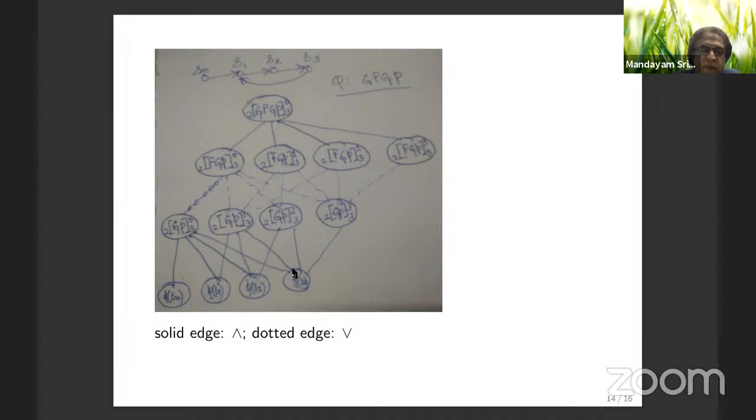This is a complete expansion, okay? So here, solid edge, the node from which are all solid edges, they mean and, okay? This is an and-or graph, okay? So the first one is an and of these things. So all these things are part of it, okay? Then the next one is dotted because it's or, and then it is and, and it terminates at PS1, PS1, PS2, PS3.